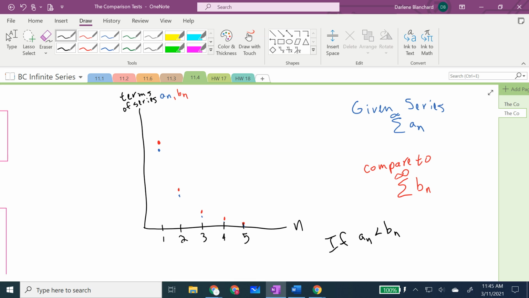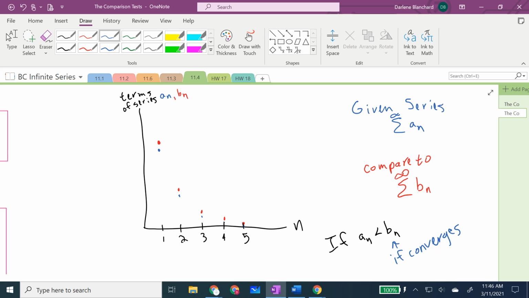So if I'm dealing with a series of positive constants and the terms that I have are smaller than the terms of a converging series, so if this inequality is in this direction, and what I compare it to is something that I know converges, would you say that that logically forces the given series that you're trying to determine to converge?